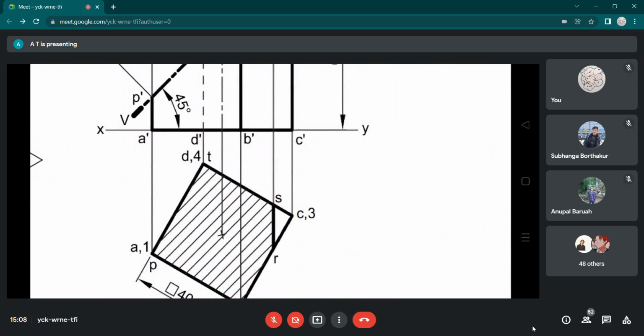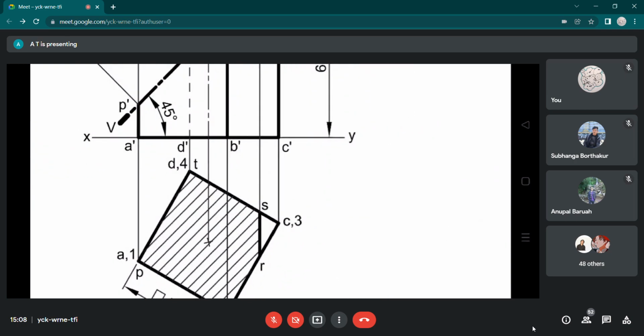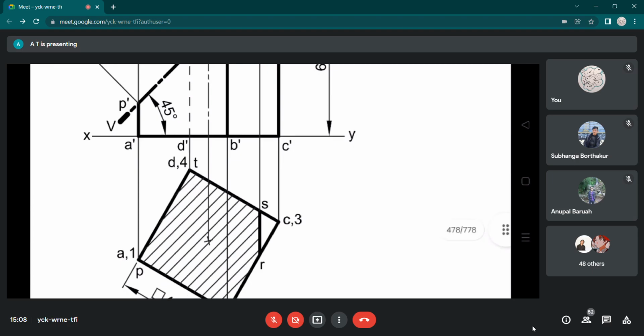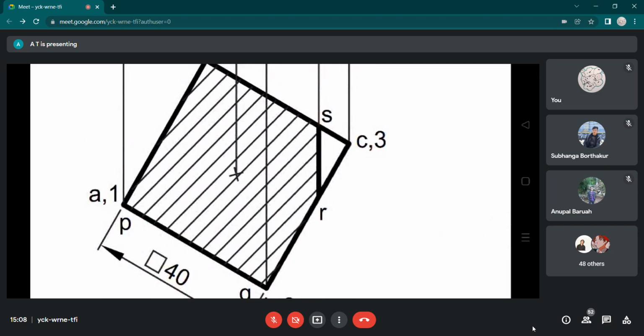This P dash you project, P dash you see on the left. I'm showing on the left, you see P dash. This P dash you project on the top view, you will get P. You will get P. Already it is projected. Actually, exactly on the same point it will lie as 1.